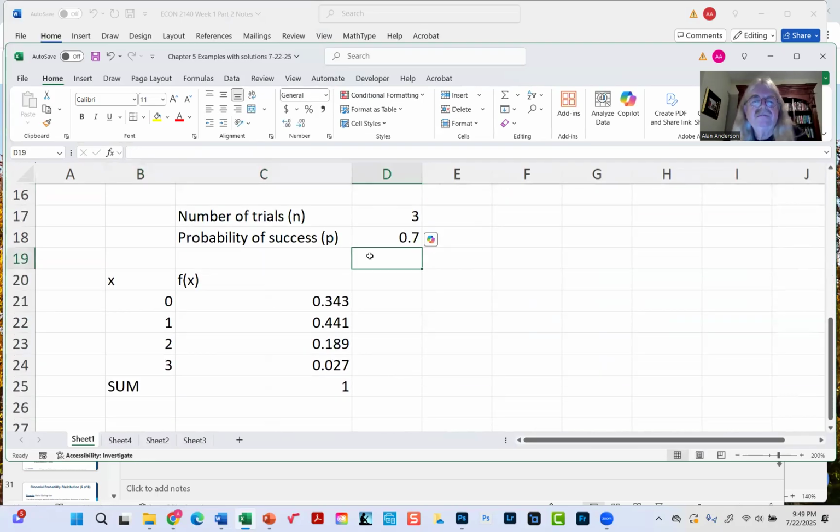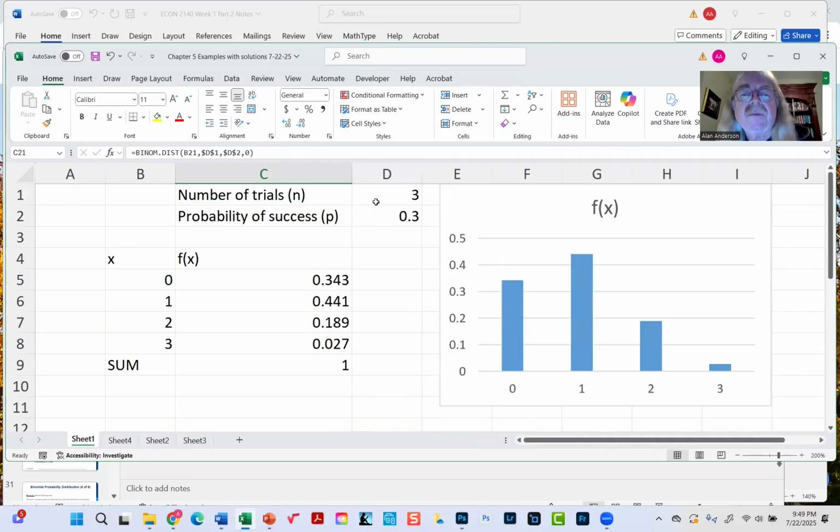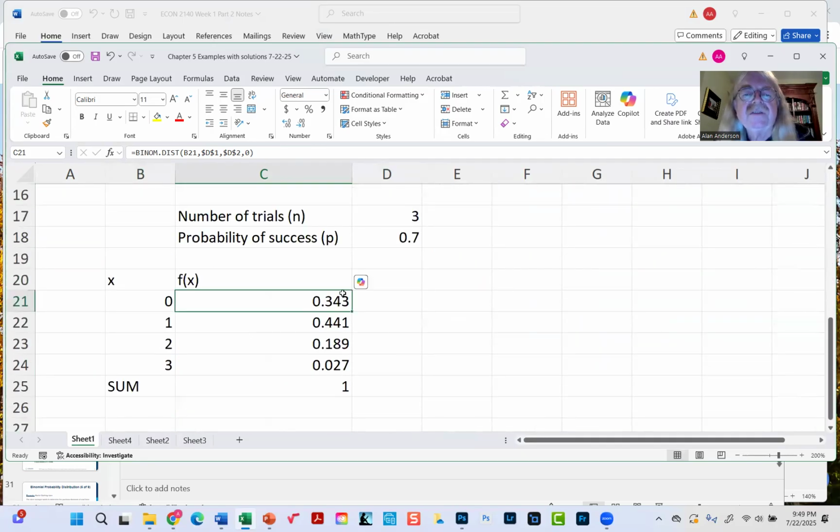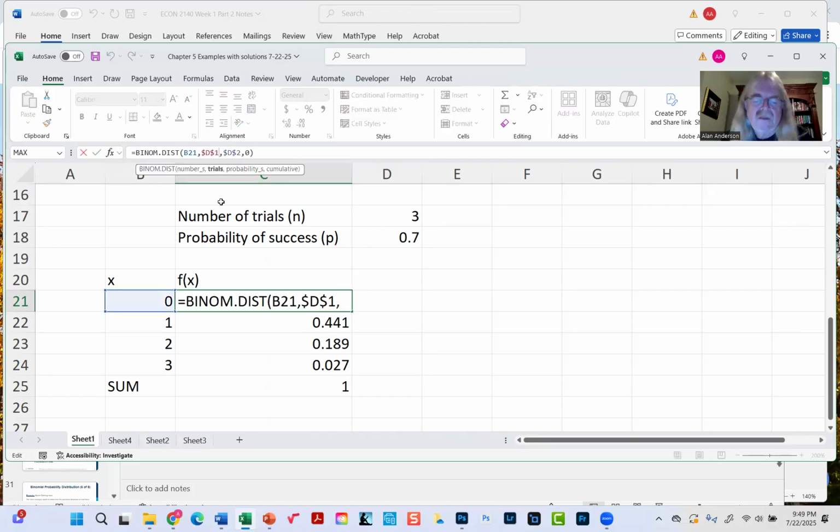What you're going to see, oh, actually, you know what, I just realized these have dollar signs. They're attached to the numbers up here. We have to update these to indicate that they're coming from these two. So let me fix this. This is now B21. This is now D17. You can see it's now referring to this cell.